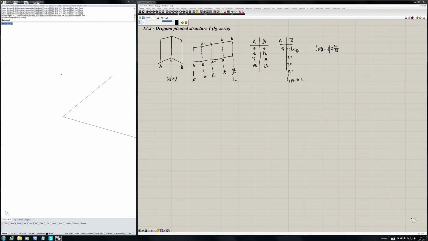At the second level, 2 minus 1 is 1, so you see the values, and when I get n, I have number of divisions minus 1 multiplied by L divided by the number of divisions. So I already understand the location of the points, but this is the location when this is totally flat. Now what happens when I move this?